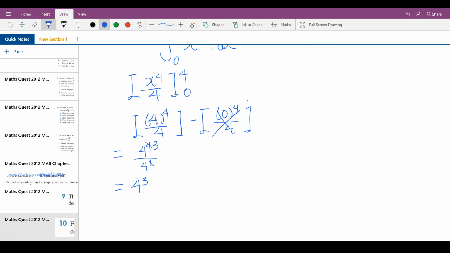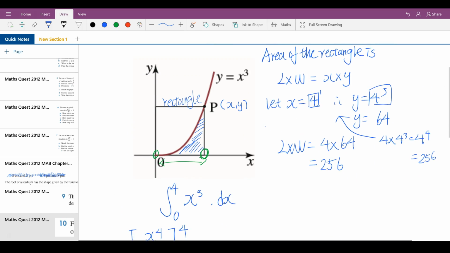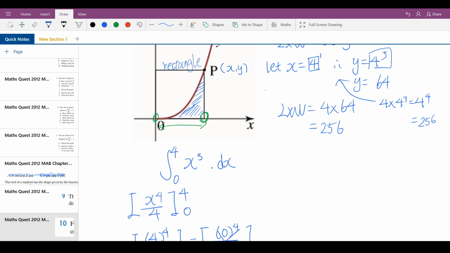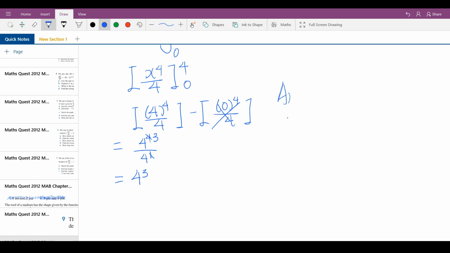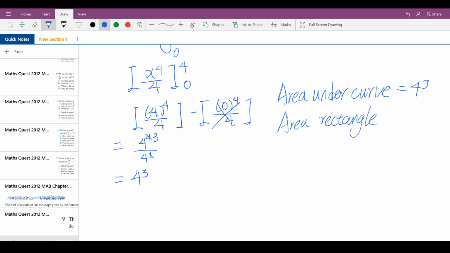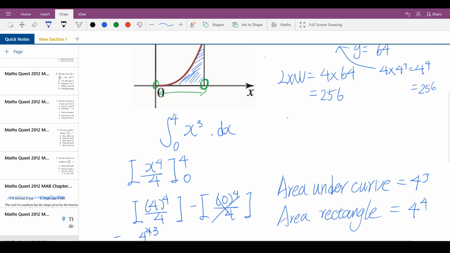Now once we've got that, the area under the curve is equal to 4 cubed, and the area of the rectangle is 4 to the power of 4, as we saw before.